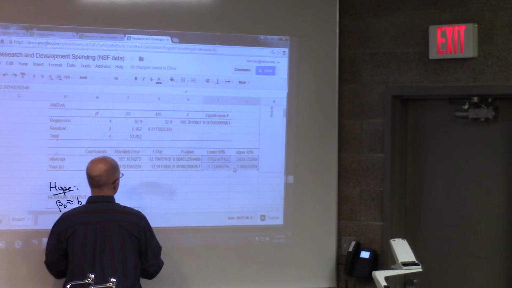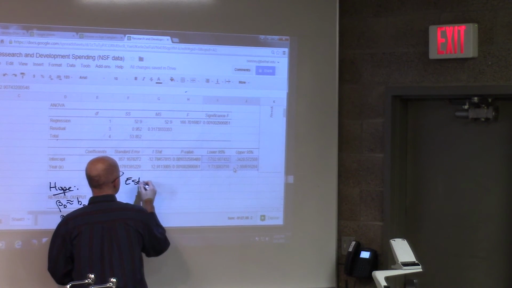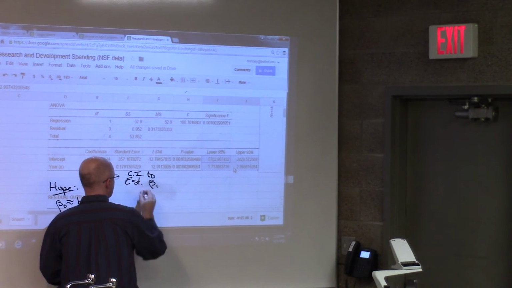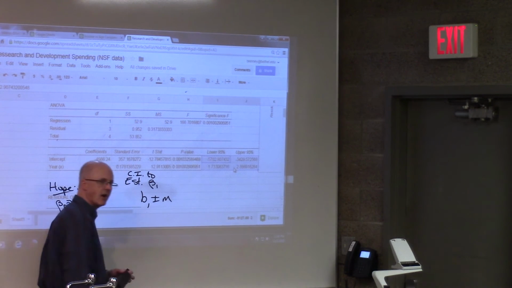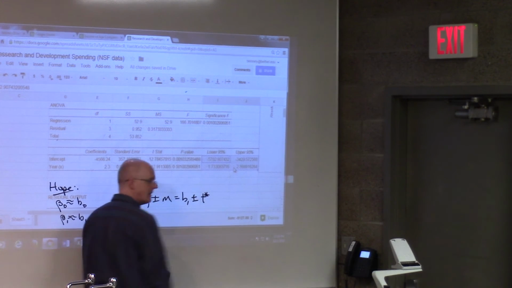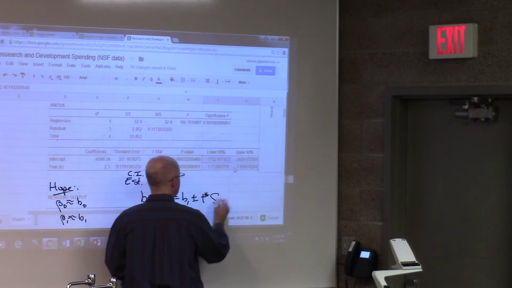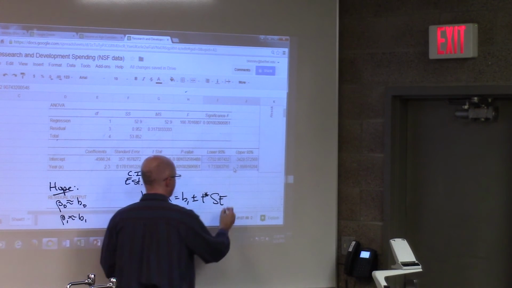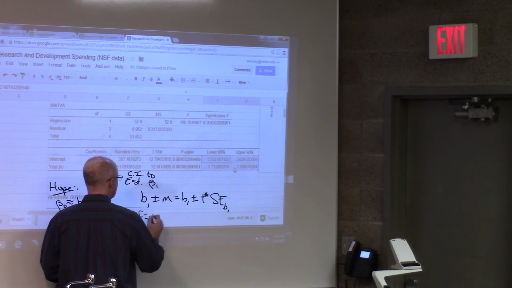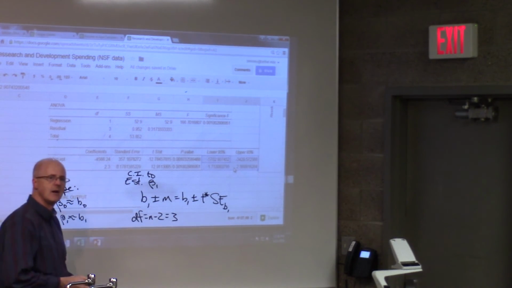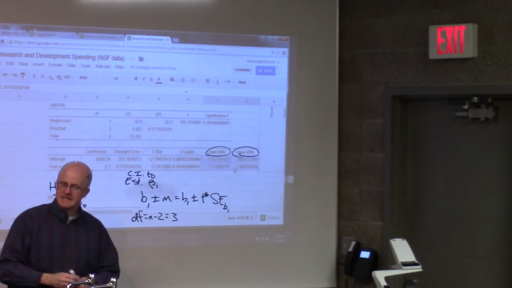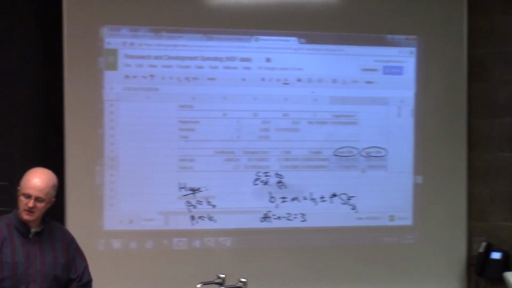Let's write a formula here. The CI to estimate beta 1 would be B1 plus or minus a margin of error. What's the margin of error? We're back to T. T star times the standard error for what? Standard error for B1. What's the degrees of freedom here? It's n minus 2, which is 3. We're after 95% confidence here. Look up in table D. I'm not going to take the time to look at it on the screen. You can look in your book.